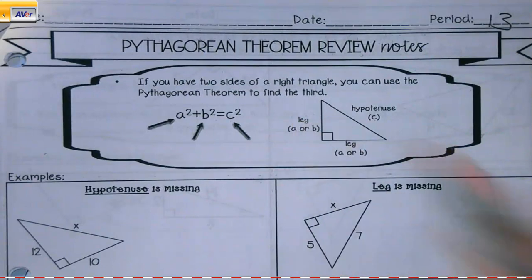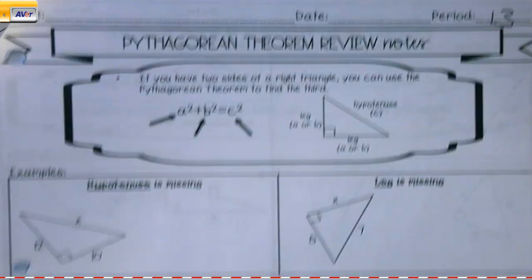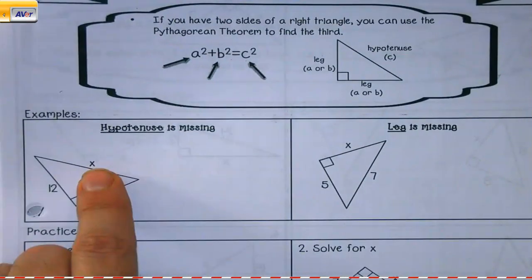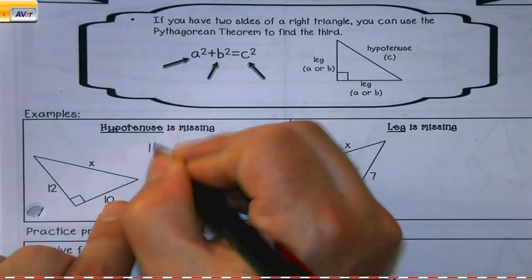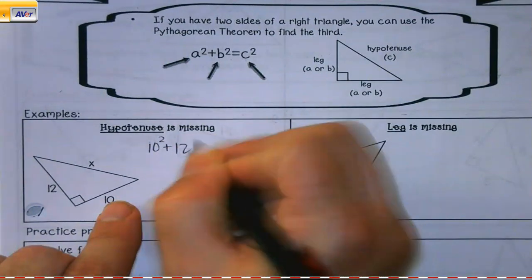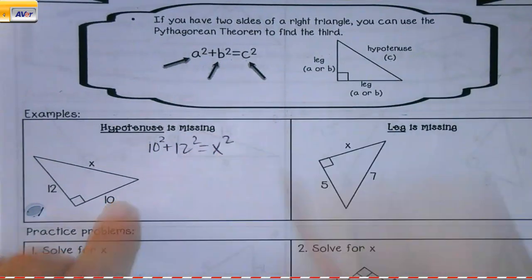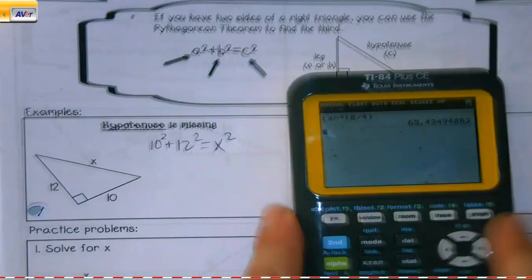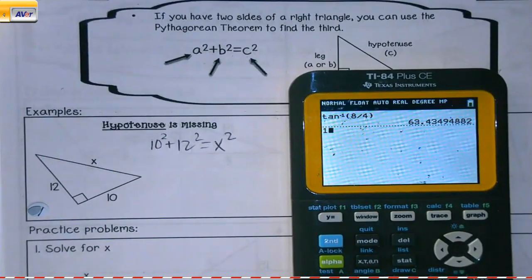Okay? A and B. So, if the hypotenuse is what's missing, the longest side, we're just going to go ahead and type this in.